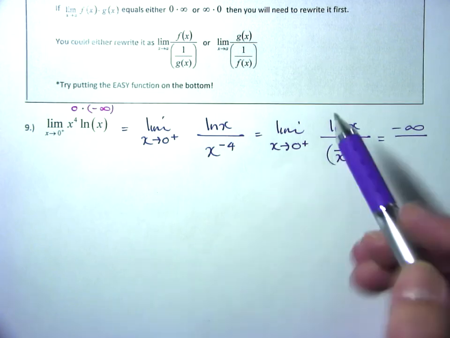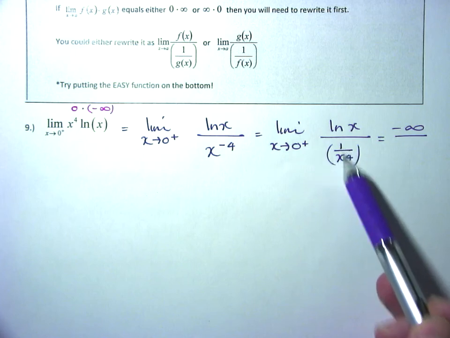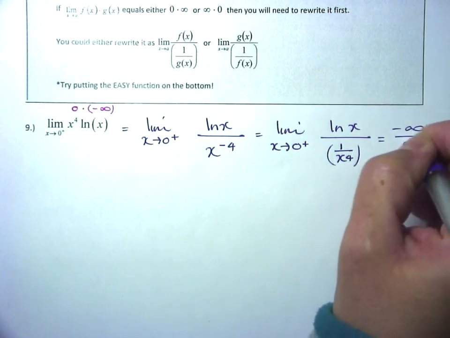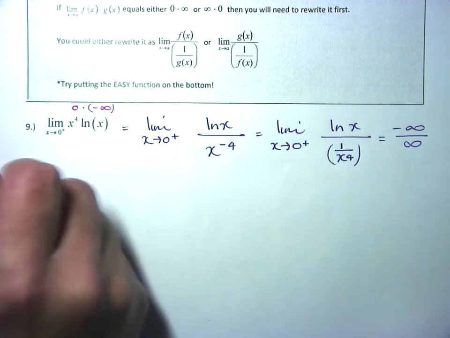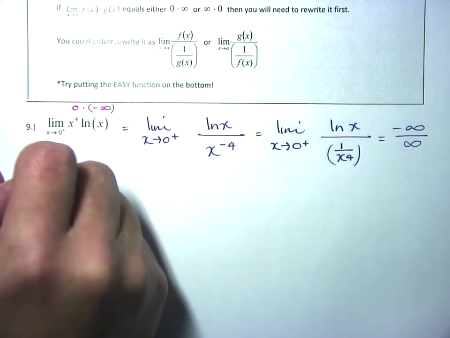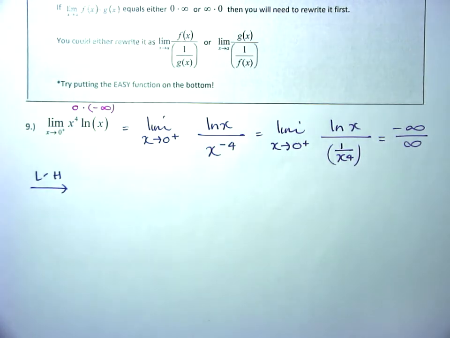So the limit as x approaches 0 of 1 over x to the power 4 is equal to infinity. And so here I see this is the form that I was after. I was hoping for infinity over infinity, and now we have it. So once we see infinity over infinity, that means we may proceed with L'Hopital's. So I'm going to use L'Hopital's rule.